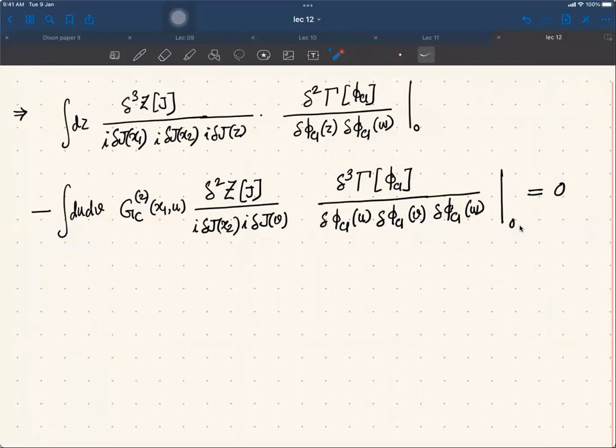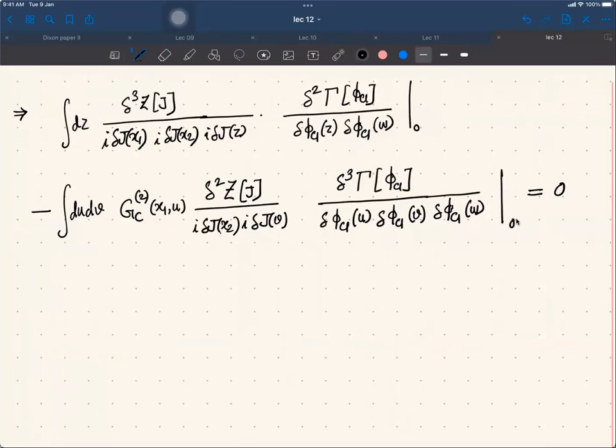Now the trick is you multiply both the terms, you convolute it with G2. Multiply both the terms with G2 connected W x3, where W is an external point.